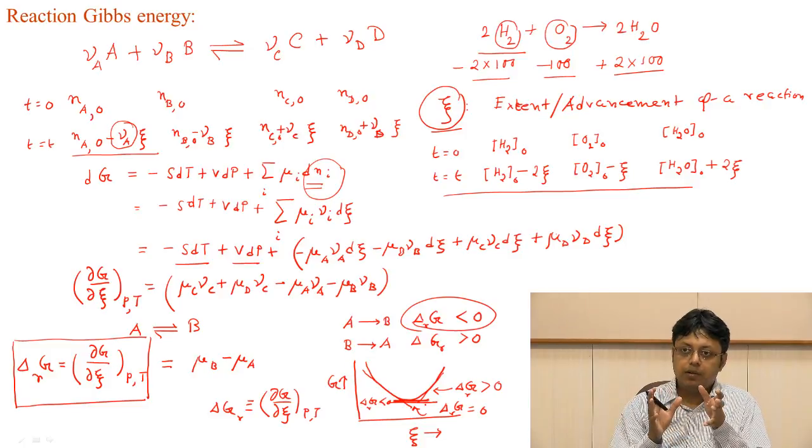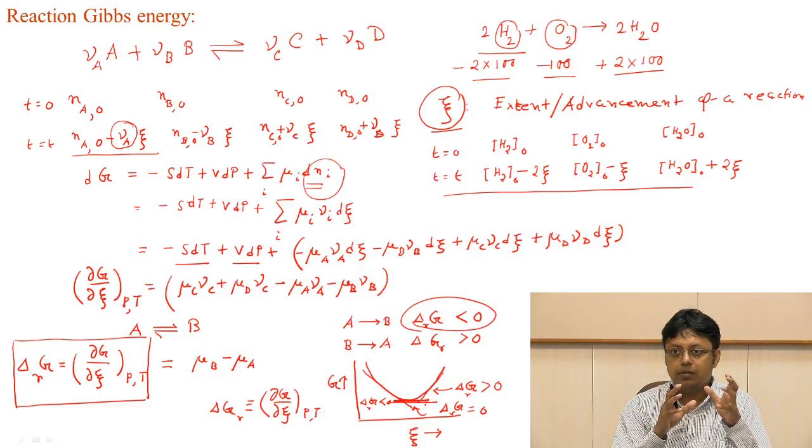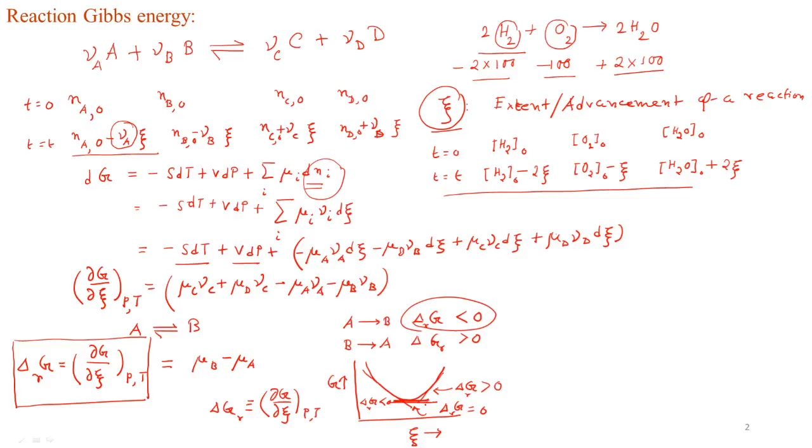So at equilibrium, the reaction Gibbs free energy change will be 0. In a long story short, suppose you start with A only.